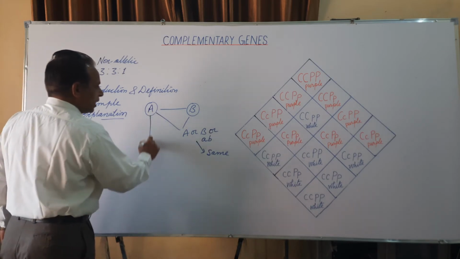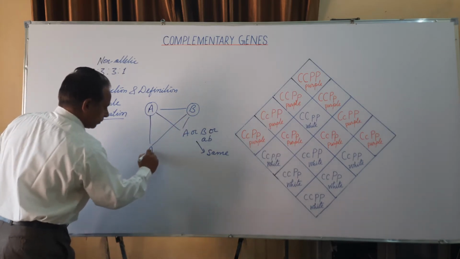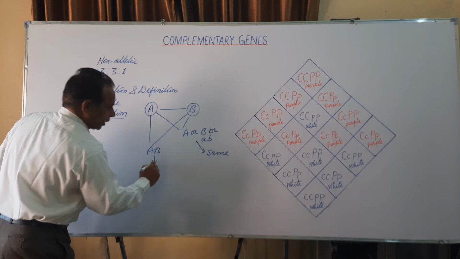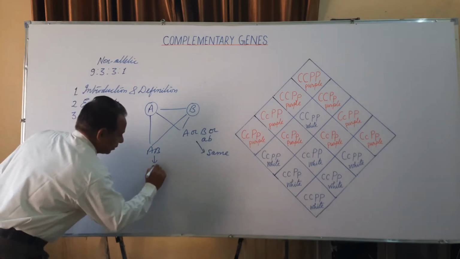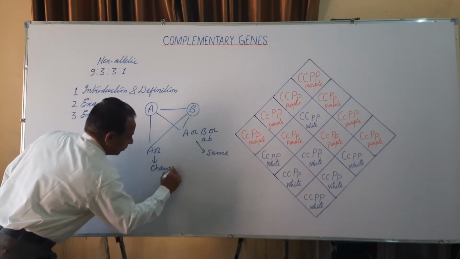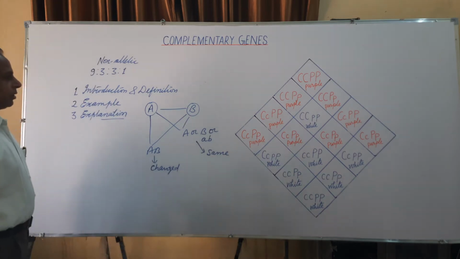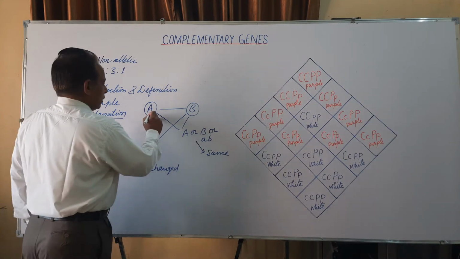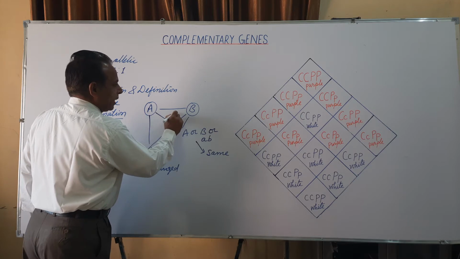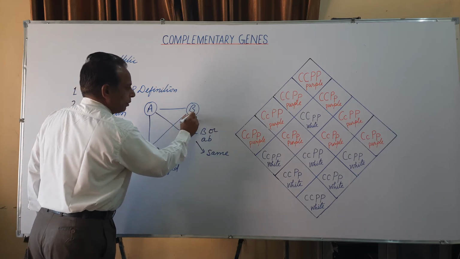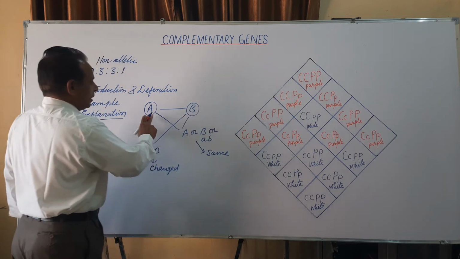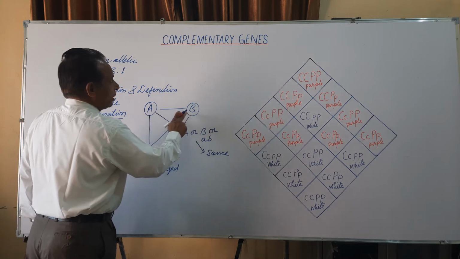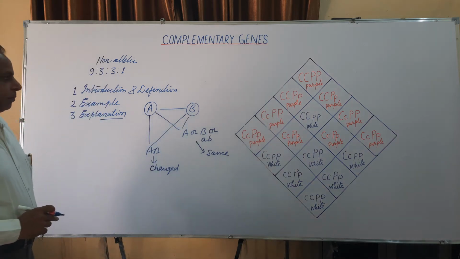When both are present together, the phenotypic expression is changed. It means this A complements the action of the B. It means A and B are complementary genes.